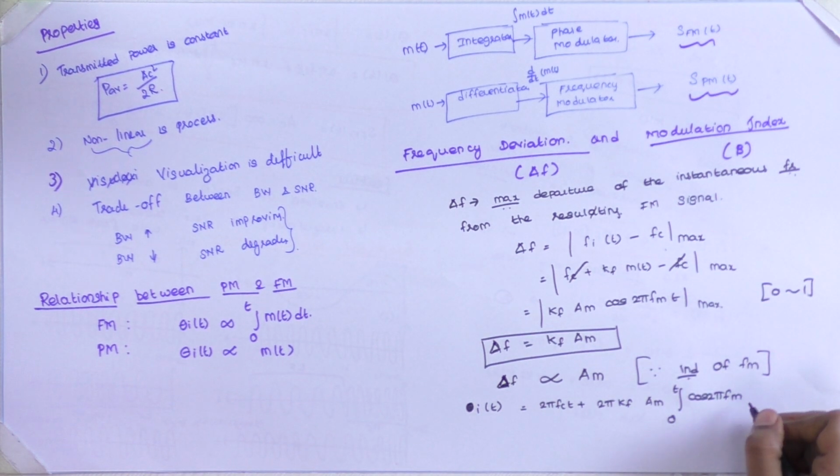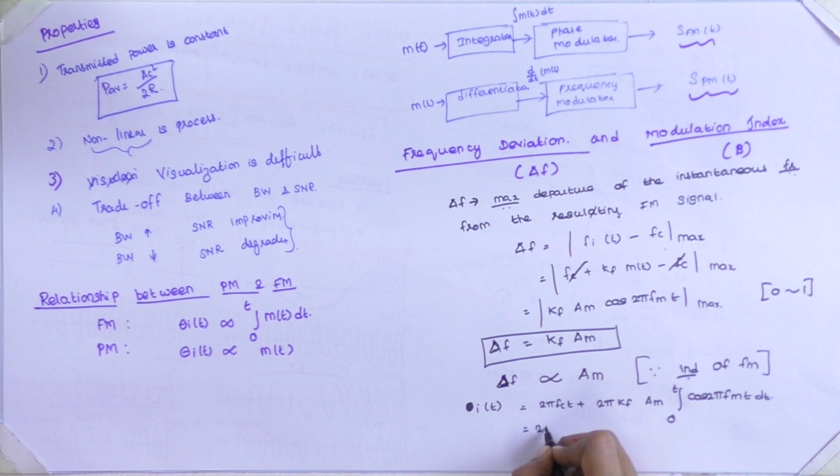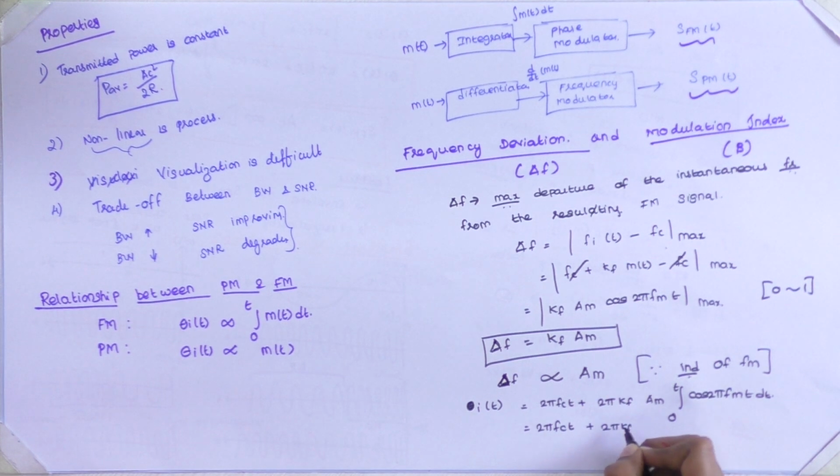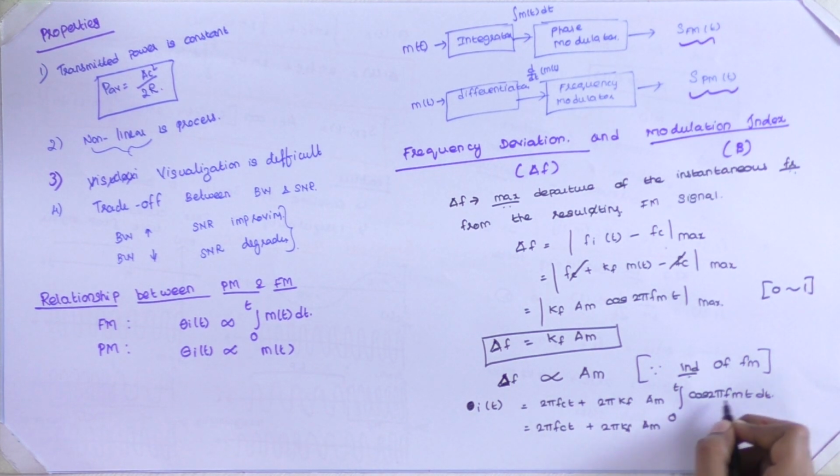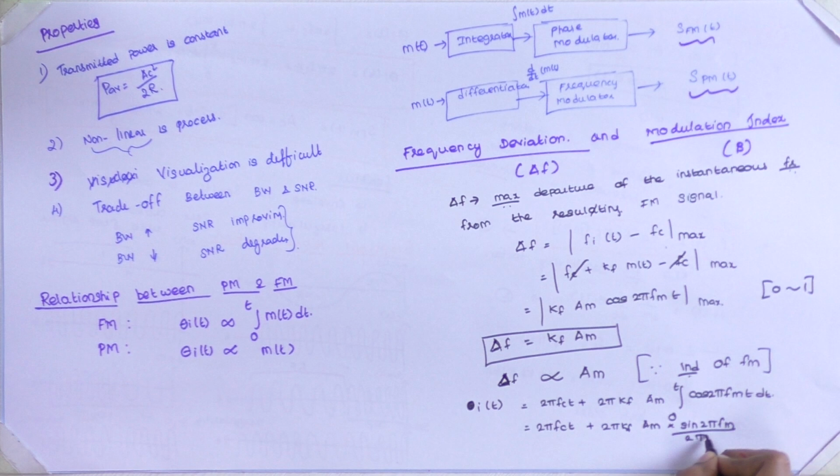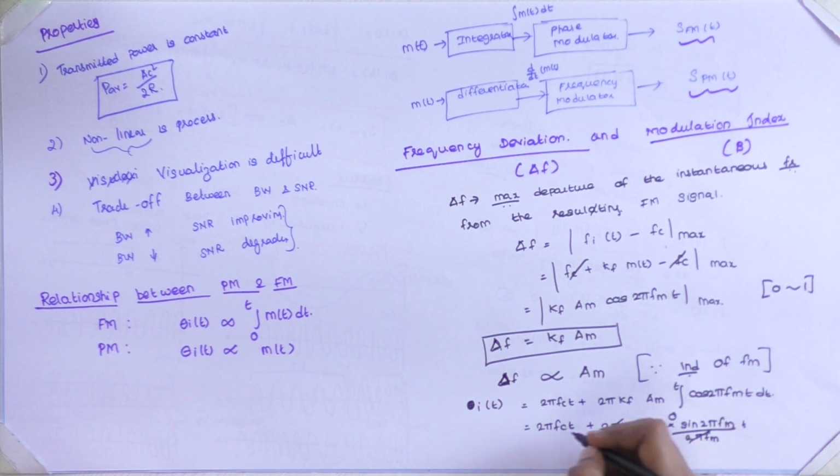We can rewrite it as 2 pi Kf Am, where cos 2 pi Fm t can be integrated into sin 2 pi Fm t divided by 2 pi Fm. Therefore, this 2 pi and 2 pi will be cancelled out.